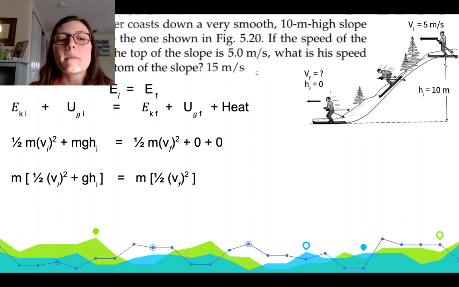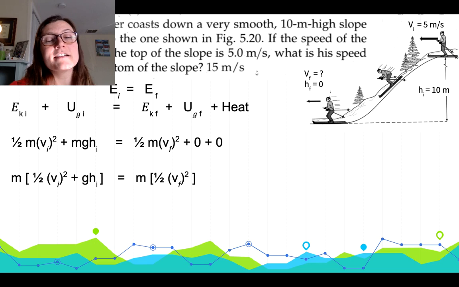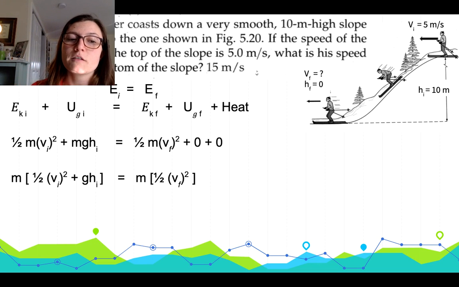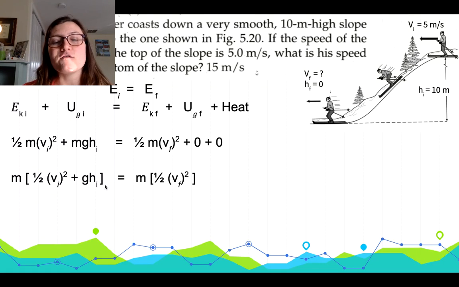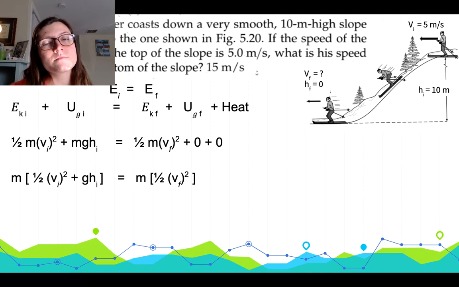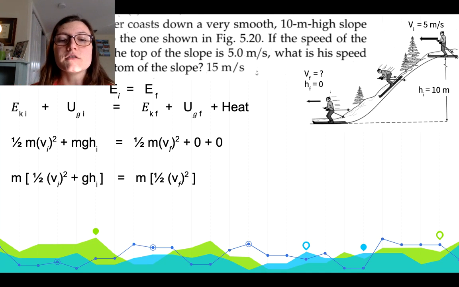So we have mass, which we factor out of both terms in the equation. So m times the quantity 1/2 v initial squared plus g times the height must be equal to, if you factor out an m again on the second side, m times 1/2 times the final velocity squared.